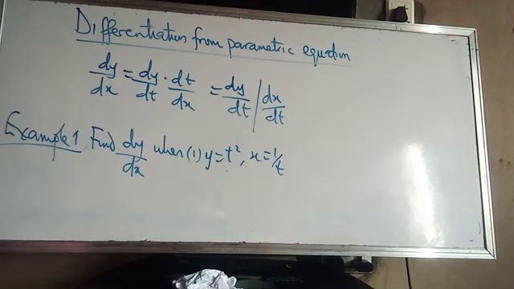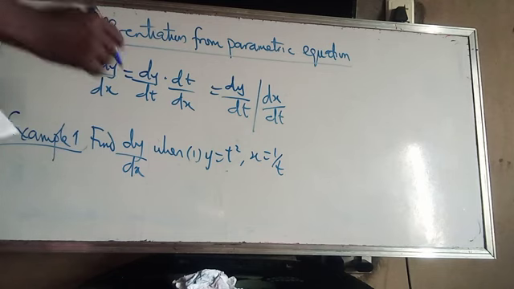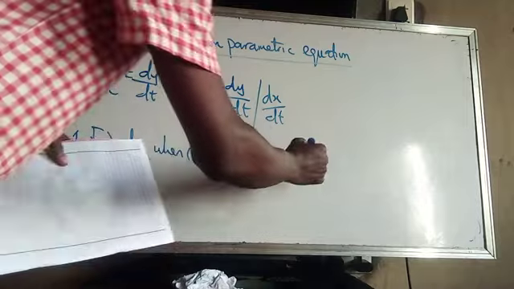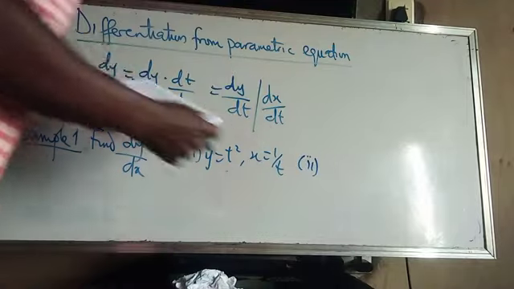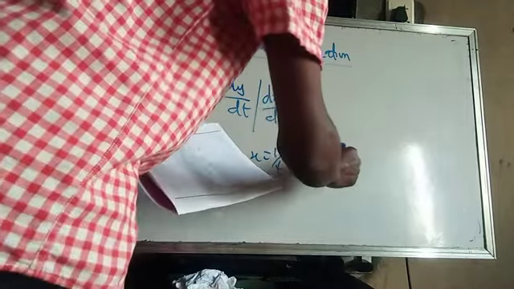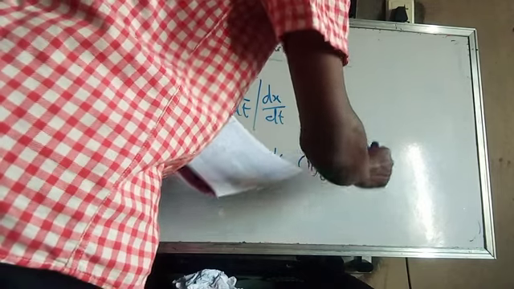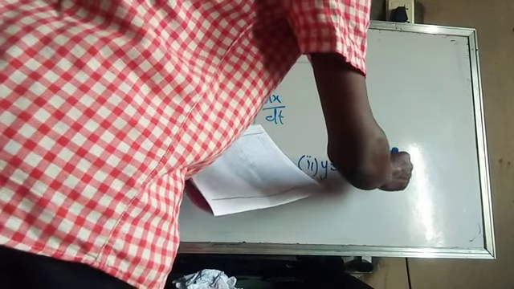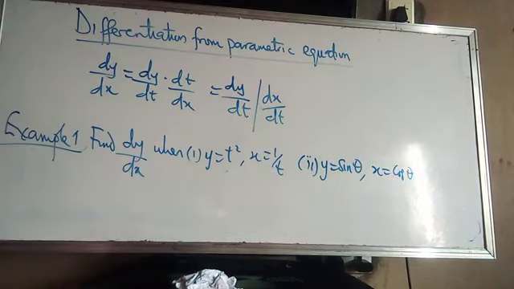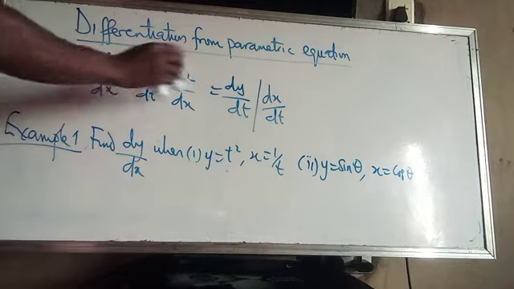Beautiful. Now, how do we go about this? Let's write the two questions at the same time. Second question, y is equal to sine theta, x is equal to cos theta. So now let's solve the problem.